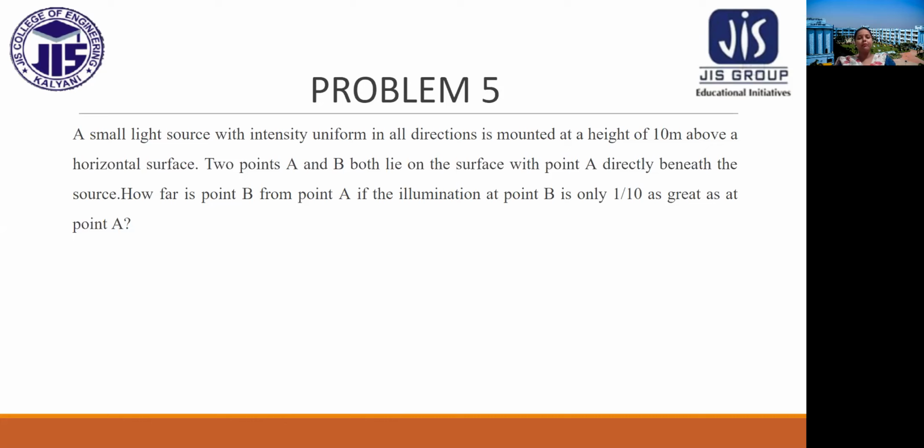So from that, go through this problem, measure the illumination at both, and let the distance be x. So we are having a right angle triangle whose height is 10 and whose base is x meter. So from there we can have a hypotenuse, right?